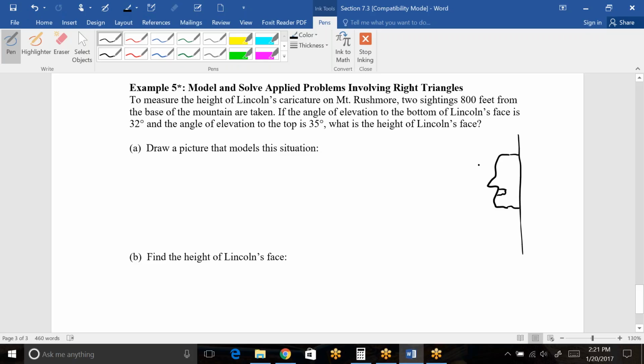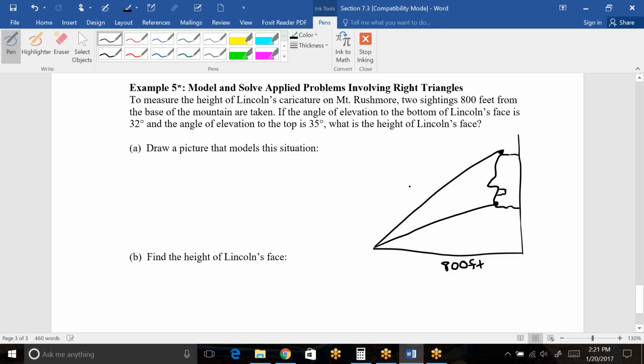And we know that from the base of the mountain, two sightings 800 feet away from the base are going to be measured. One goes all the way up to the top of the head, and the other goes to the bottom of the head.